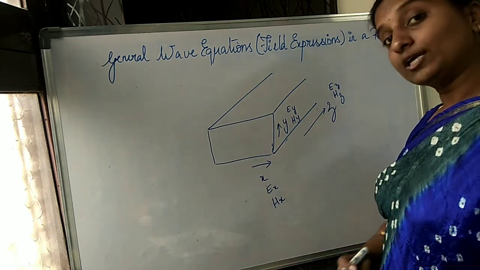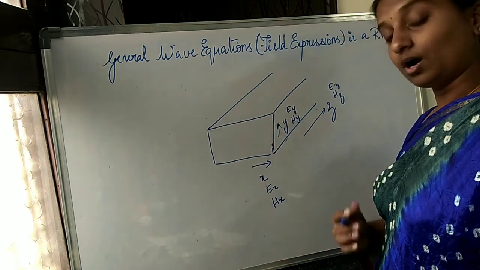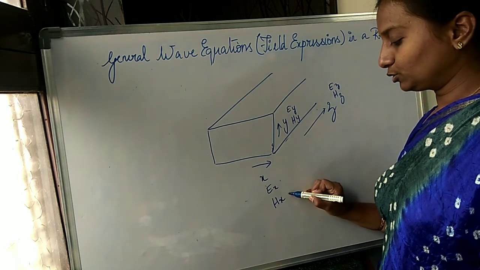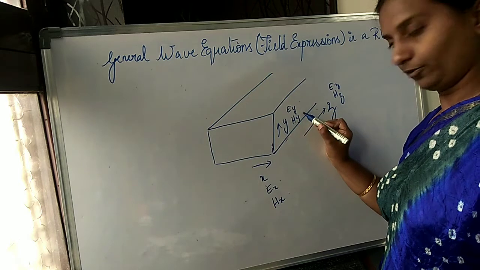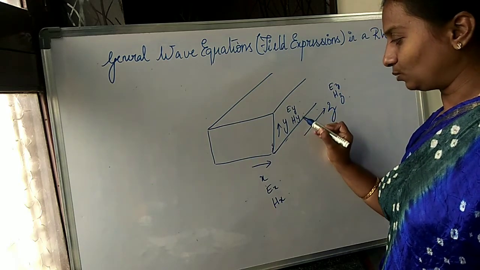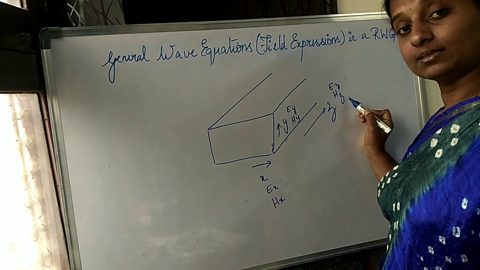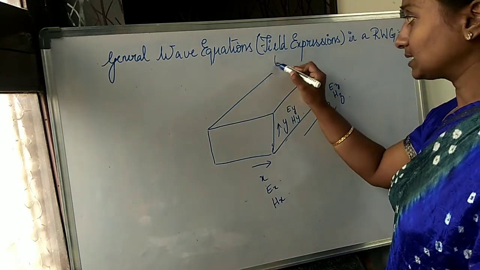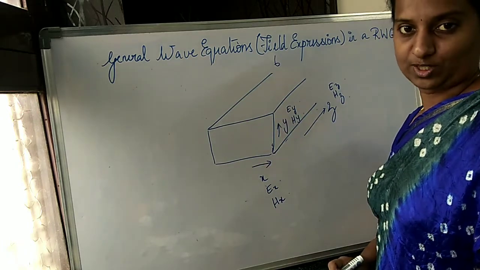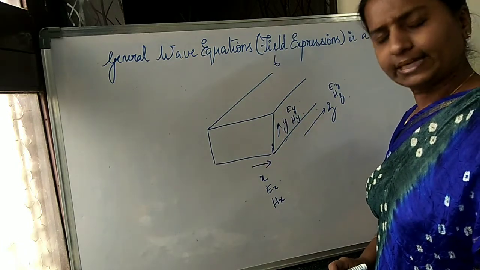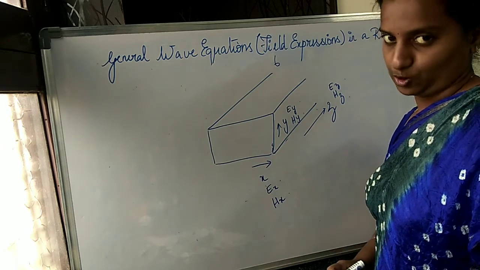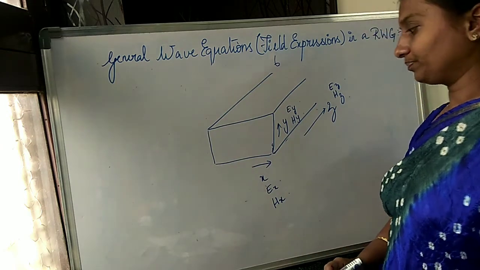So totally, how many components or fields are available? 1, 2, 3, 4, 5 and 6. I have Ex, Hx, Ey, Hy, Ez and Hz. So I have 6 field expressions or 6 wave equations, and we already derived these wave equations for a general electromagnetic wave. I hope you remember.